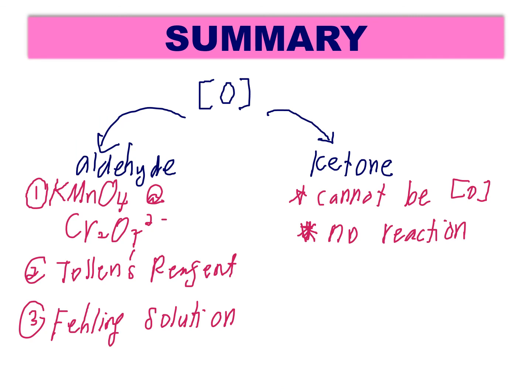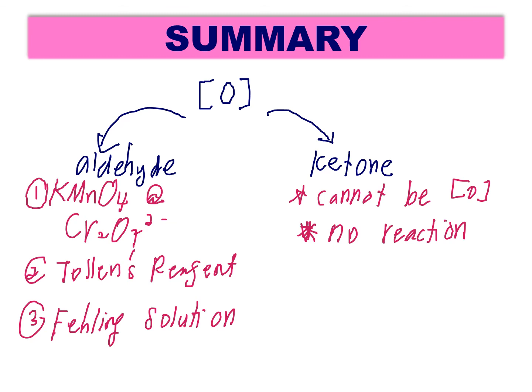Okay, as a summary of the oxidation, for aldehyde, they have three types of oxidation. First, we use the strong oxidation agent, KMnO4 or Cr2O7 2-. Or we can use Tollens reagent, a mild oxidation agent. What is going to happen to aldehyde with Tollens reagent? It will form a silver mirror on the wall.